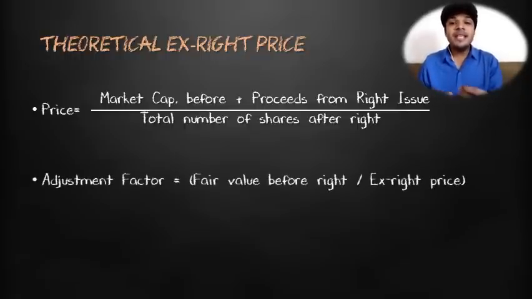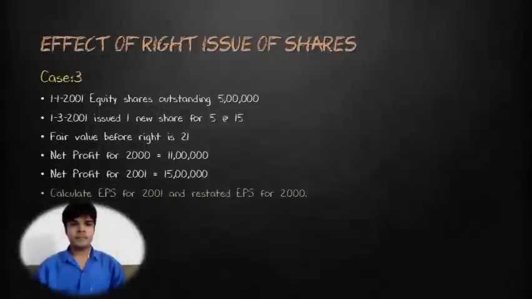Now what will be the adjustment factor? Adjustment factor is the fair value of the share before right divided by ex-right price. So this will give you a factor which will be useful in computing earning per share, and this concept will be clearer in the practical computation.